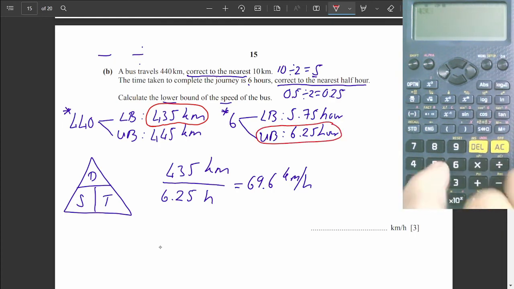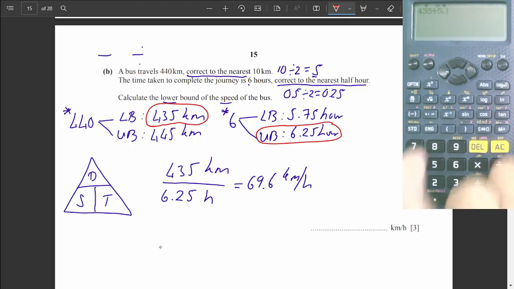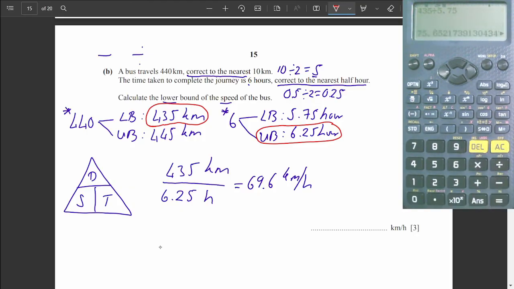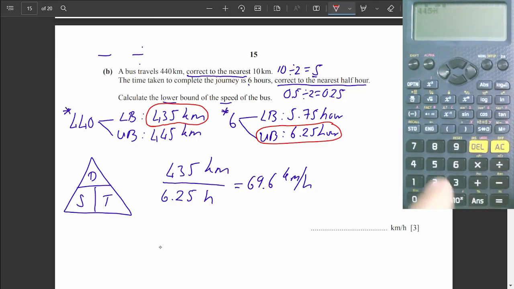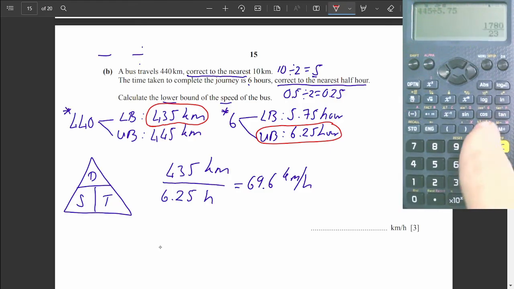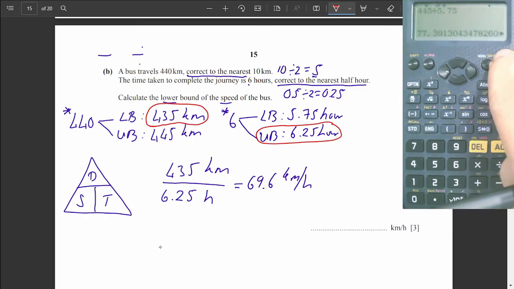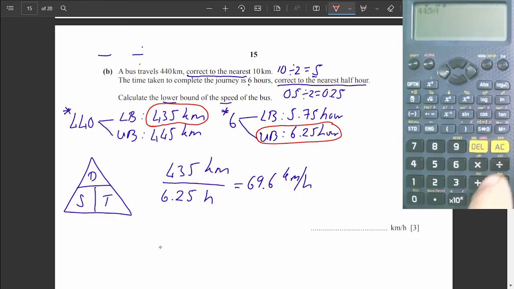Look, 435 divided by 5.75, we get 75. That is way bigger than 69. 445 divided by 5.75, 77. It's even bigger. Or 445 divided by 6.25, 71.2. You can try out all four options or try to remember this. So that is our final answer, 69.6 kilometers per hour.